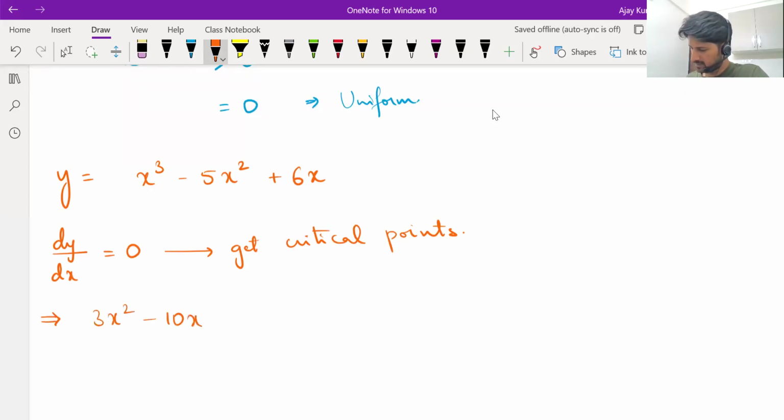You have to equate this to 0. Now, this is a quadratic equation. Can you tell me the roots of this quadratic equation?